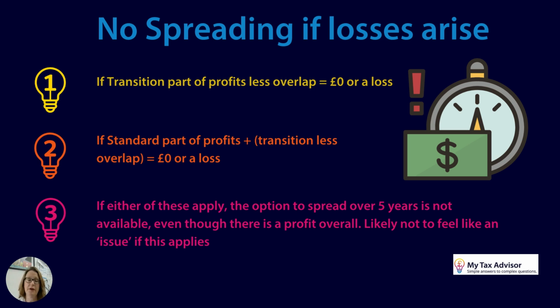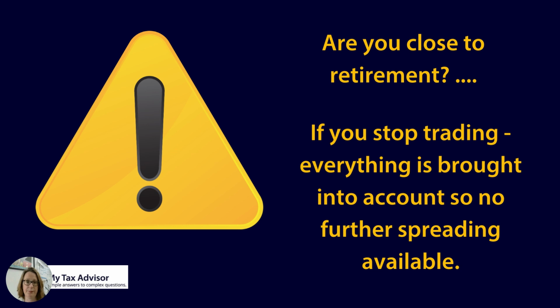But to be honest, for the large majority of clients, this lack of spreading in these two scenarios is not going to feel like an issue because your tax bill, in essence, will still be somewhat reduced because of the loss in one area or another.